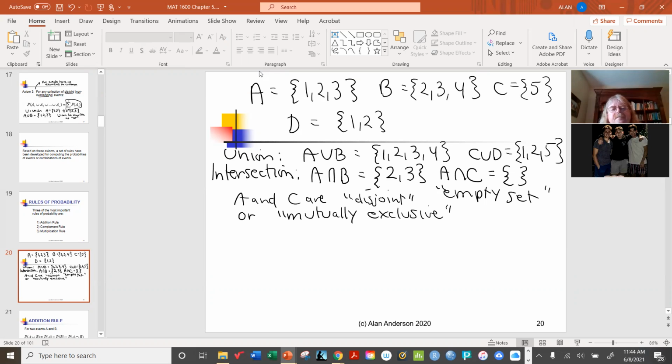Okay, and now we have already seen the concept of subset.